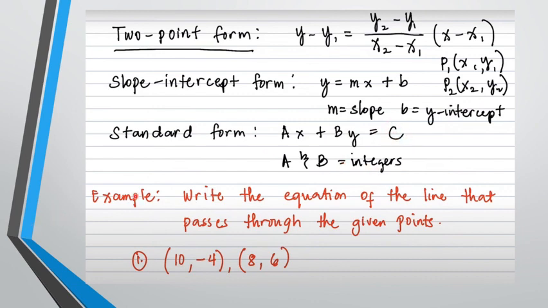So here's the example. Write the equation of the line that passes through the given points. The first point is (10, -4), and the second point is (8, 6).